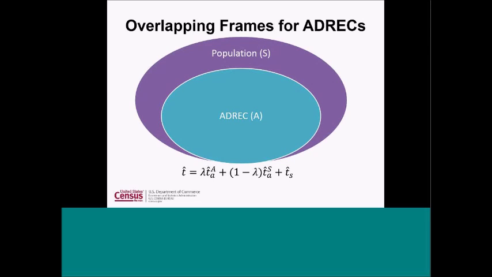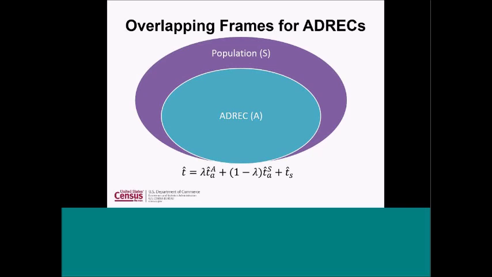So this is what we're really facing with administrative records. We have the total population, and if we assume that we can survey everybody and that there's no coverage issue that the administrative records would pick up, then we could say we have overlapping frames. But we have a simpler issue here, because the administrative records are not measuring anything outside the population. This does assume one major thing that goes back to the prior session: you have to have some type of linkage of your administrative records to that sampling frame, the purple.